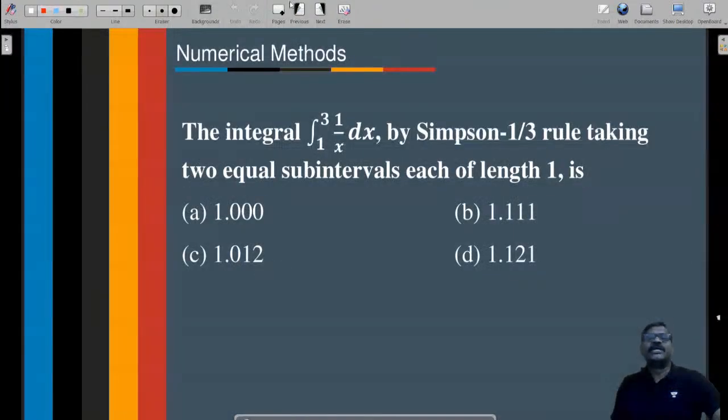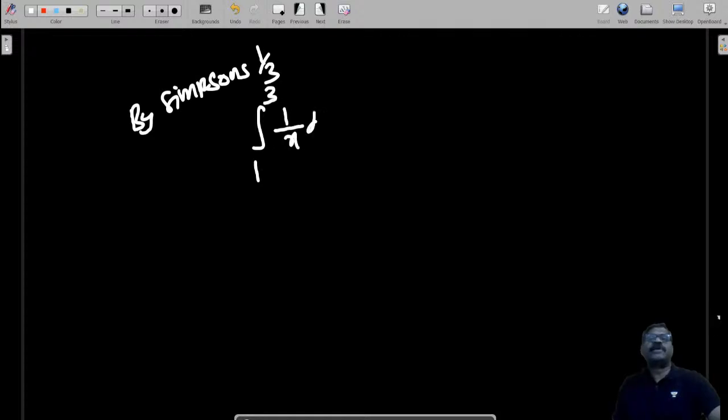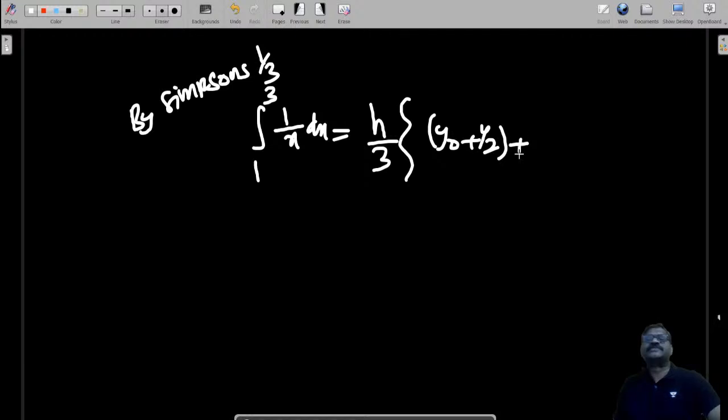We have to apply Simpson's 1/3 rule. By Simpson's 1/3 rule, integral 1 to 3 1 by x dx is h by 3 of y0 plus y2 plus 4y1.